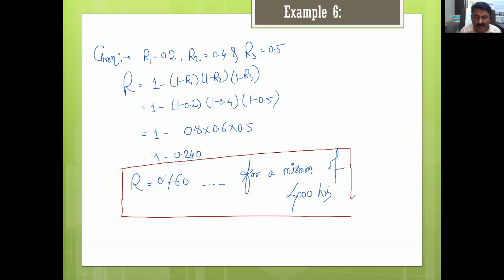Now hereafter three different conditions are given and we have to calculate if 0.1 is increased in the component of 1, 2 or 3, increasing the reliability by 0.1 in the component of 1, 2 and 3 by keeping the other two components constant. What is the percentage increase in the reliability? That, friends, we have to calculate.